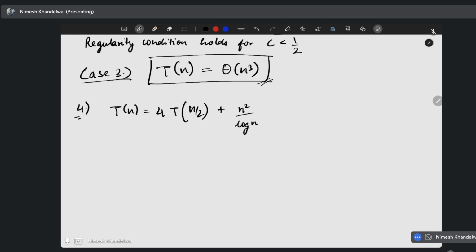So here a equal to 4, b equal to 2, like the usual routine, right? So n to the power log a base b is again n squared, but f of n this time is n squared over log n, right?